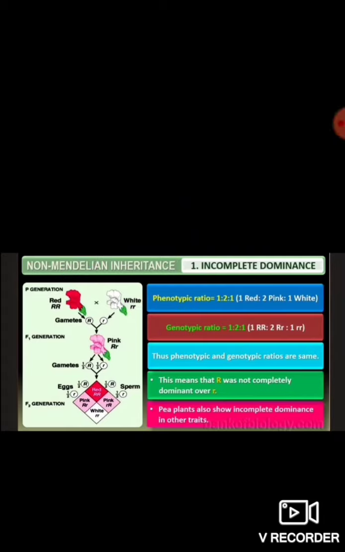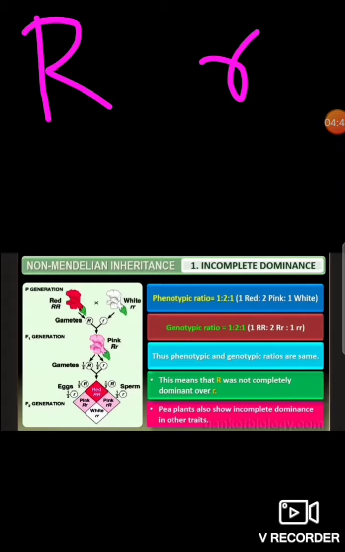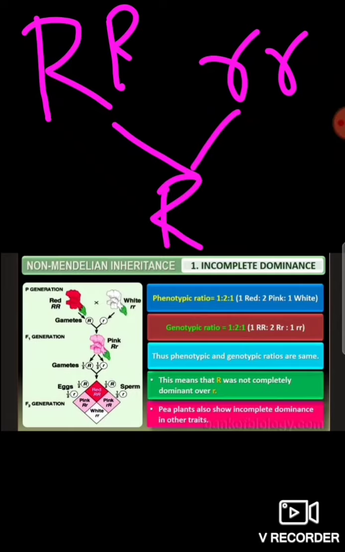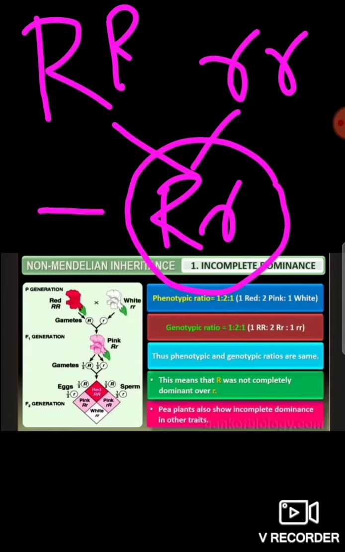In the heterozygous condition, if you take red as capital R and white as small r, it should produce capital R and small r. According to Mendelian inheritance, the F1 generation should be red only, because red is dominant over white.